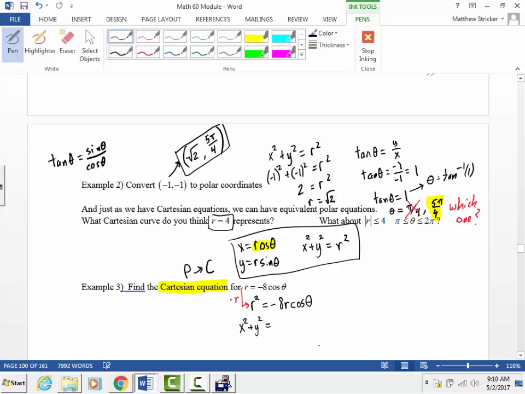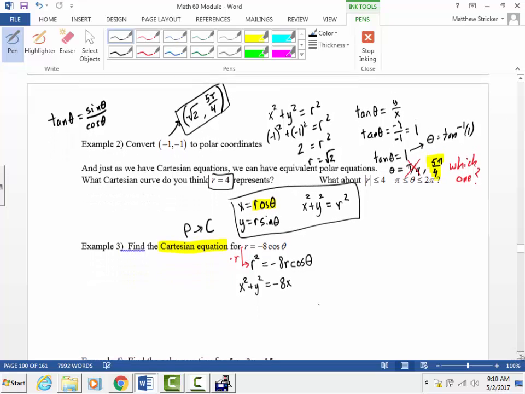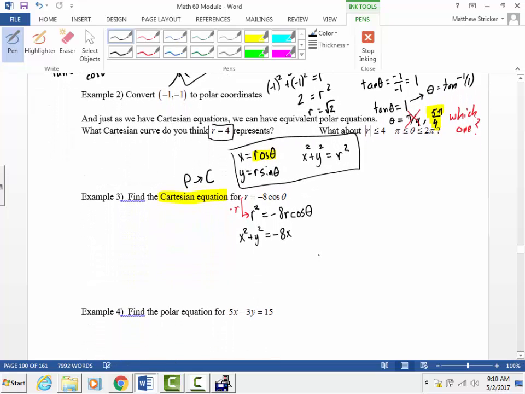And then on the right side we now have -8, and r cosine theta is equal to x. Are there any more r's and thetas in our equation? No. So it now is in Cartesian form.